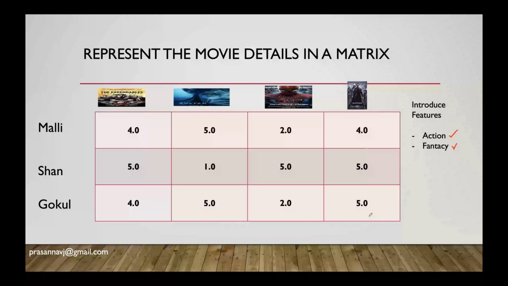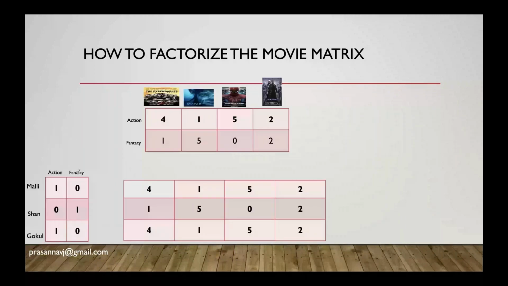So the same movies, same users, but I have genre information like action and fantasy. What I can look at doing is including the genre detail, and based on the genre detail, I can classify that Mali likes action movies but does not like fantasy.